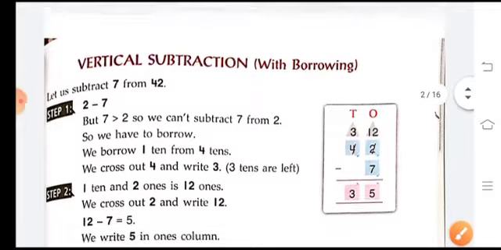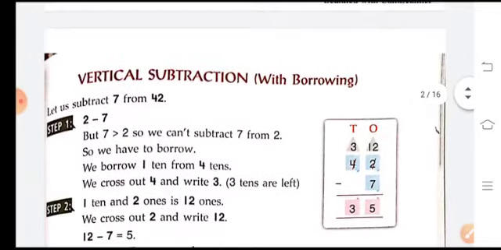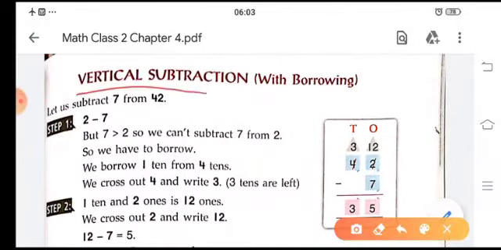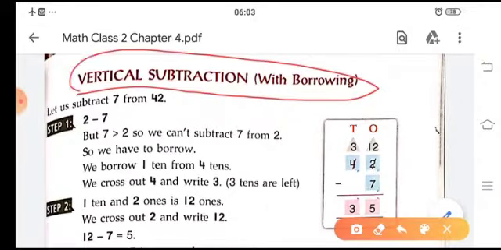Okay, children. So we'll move on to subtraction with borrowing. Let's take this example, children. We subtract 7 from 42. First we write this number in tens and ones form, 42. Only ones is there, 7 ones, so write 7 under ones. Step number 1, children: we know that 7 is greater than 2, and we cannot subtract 7 from 2, so we borrow 1 ten from the 4 tens.